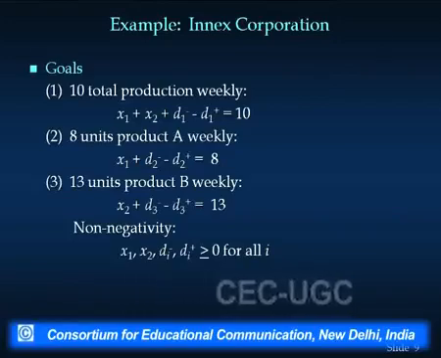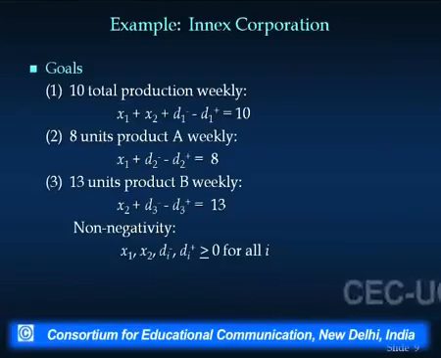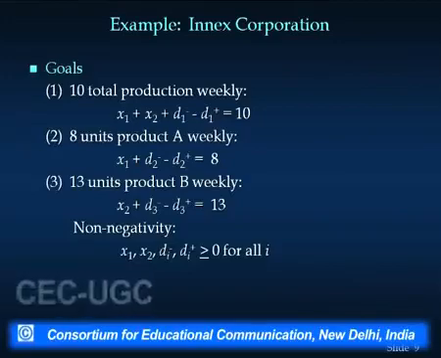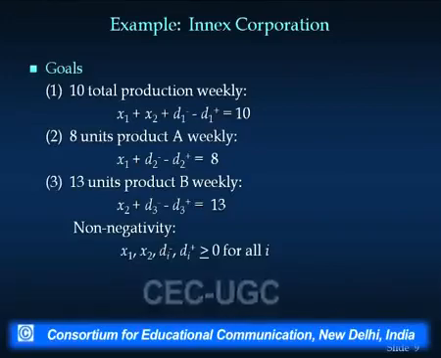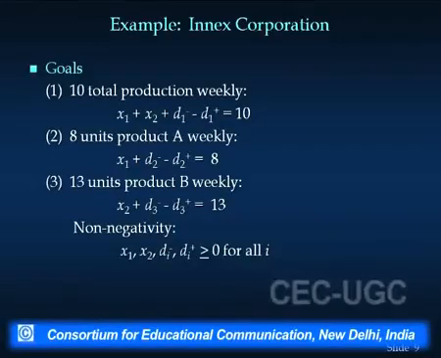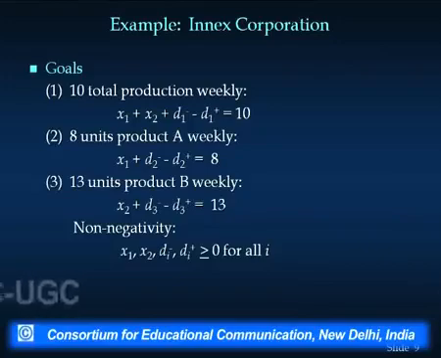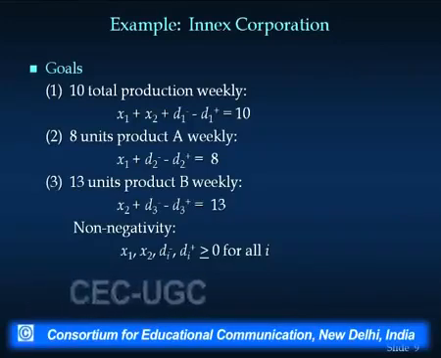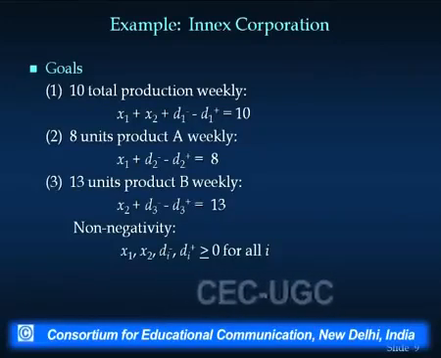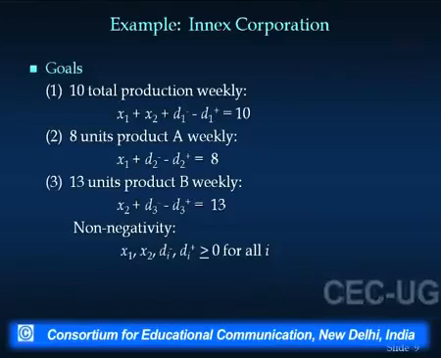And our objective function must be that these three deviations should be minimum. So we will minimize D1 minus, D2 minus and D3 minus. Of course, we can add them. Before adding, we will multiply these deviations with their priorities.